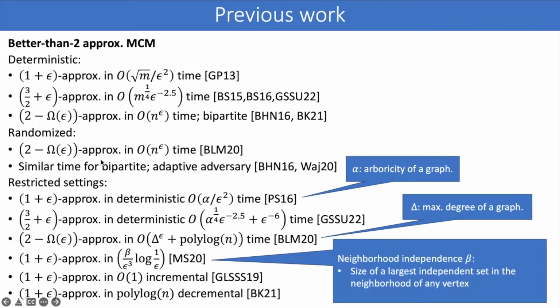And our recent result gives a 1 plus epsilon approximation for graphs of bounded neighborhood independence. This parameter is equal to the size of the largest independent set in the neighborhood of any vertex. There are also 1 plus epsilon approximate algorithms for the incremental and decremental settings. As is the case for MM, the state of the art for deterministic better than 2 approximate MCM is polynomial update time.